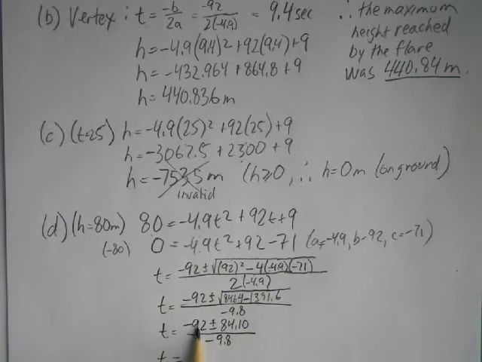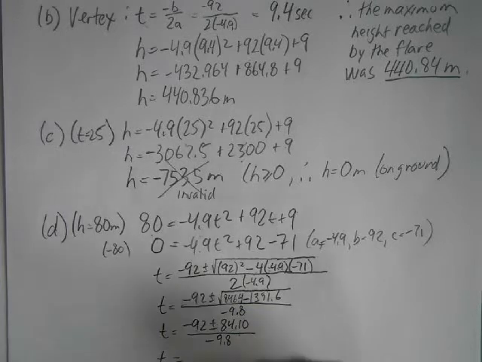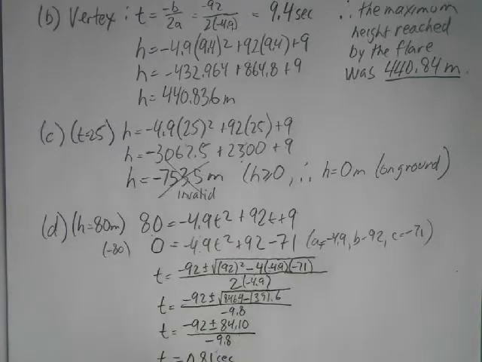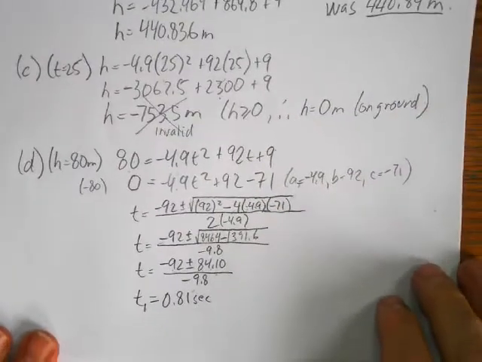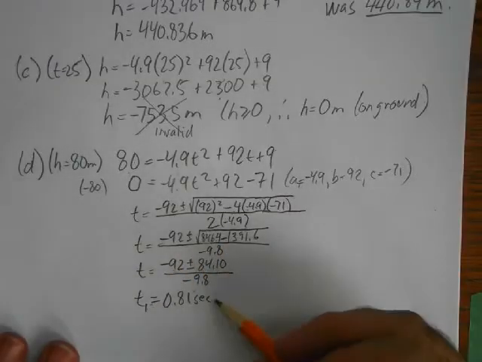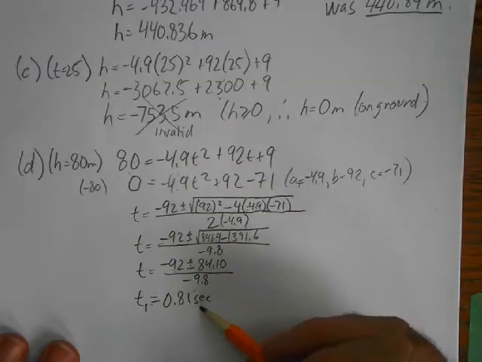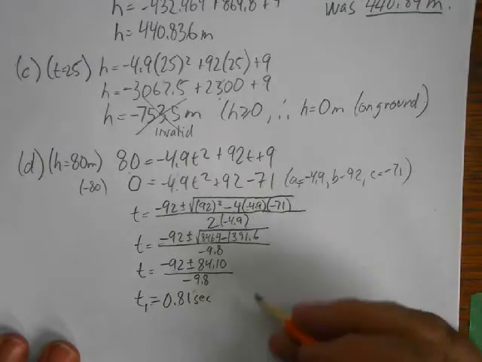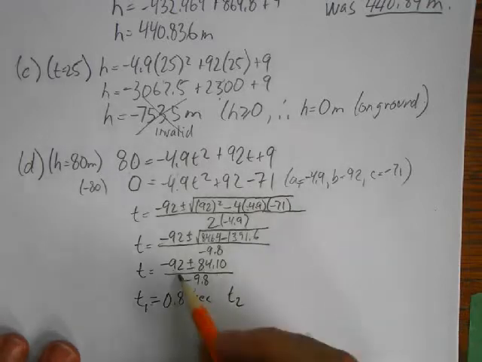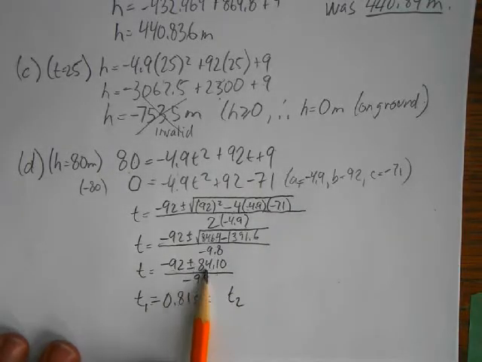When I do negative 92 plus 84.1 and then divide by negative 9.8, I get 0.81 seconds, and I'm going to call that T1. So the first time it hits 80 meters is 0.81 seconds, and you can tell that's on its way up. It's very, very quick. And the other time would be negative 92 minus 84.1, and then divide by negative 9.8.